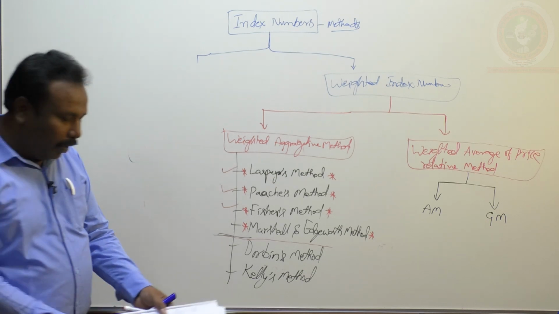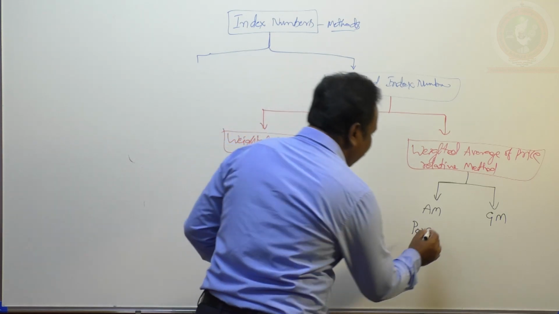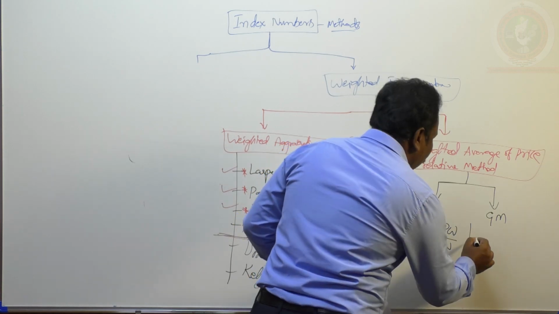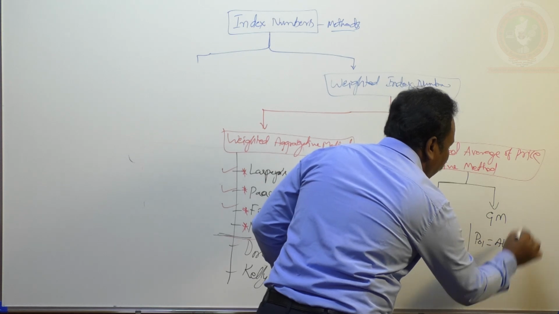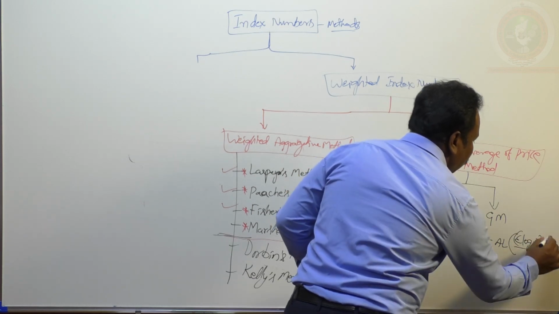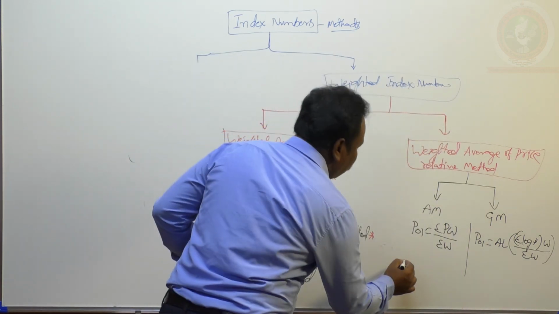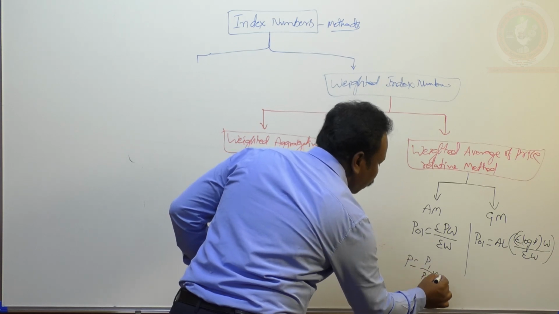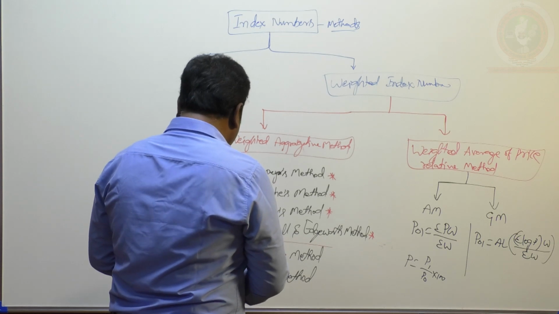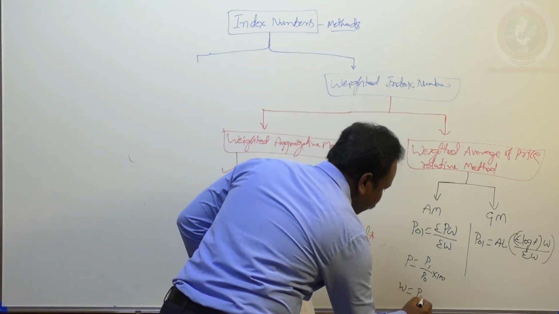Here the formula for the arithmetic mean: index number P01 equals sigma of P into W divided by sigma W. Here P is P1 divided by P0 into 100, and W is the weights, where W equals P0 into Q0.